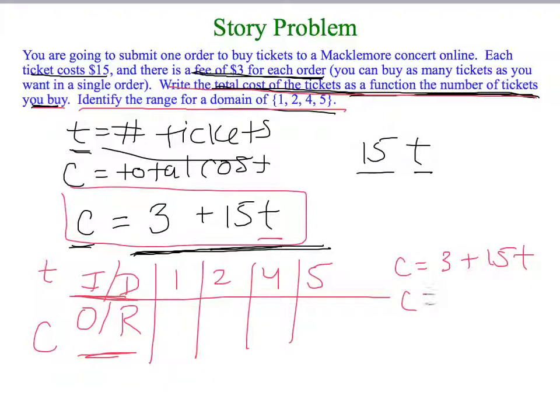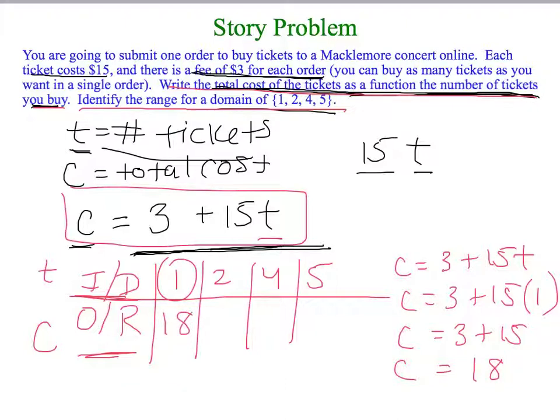So C equals, for the first one, 3 plus 15 times 1. If you just buy yourself a ticket, C equals 3 plus 15, which is 15 plus 3 is 18.